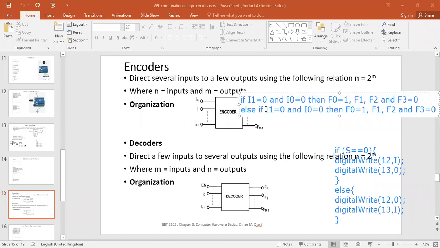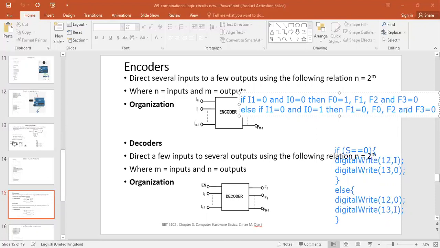So else if I1 is 0 and I0 is 1, which means this is 1, then activate F1. The rest are zeros. So change this to F1, and then this now becomes F0.